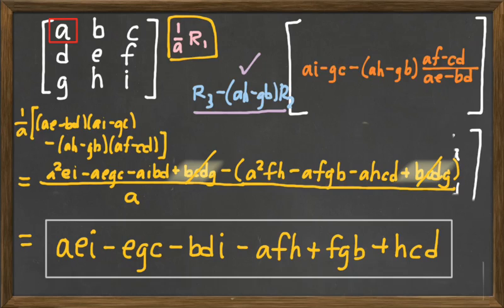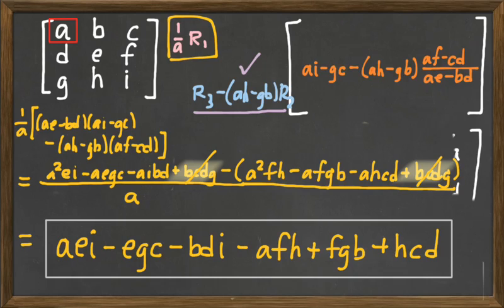So when I choose for the first term an A, then the other two things I multiply it by have to come from a different row in a different column than A came from. So AEI, for example, the E comes from the second row, second column, I comes from the third row, third column. And then there are some signs, like some of these terms have minuses on them, some of them have pluses on them. How we determine which goes on which is actually kind of a question for abstract algebra, because it has to do with how we are constructing a permutation of the rows and the columns.